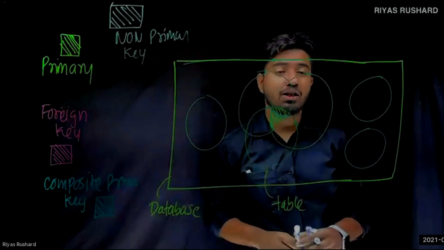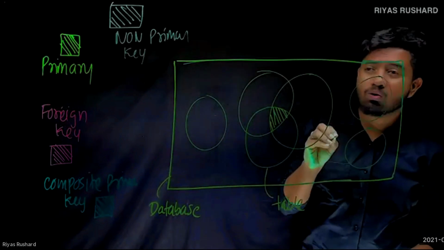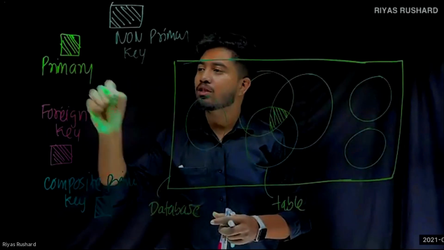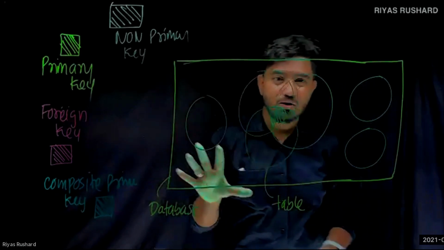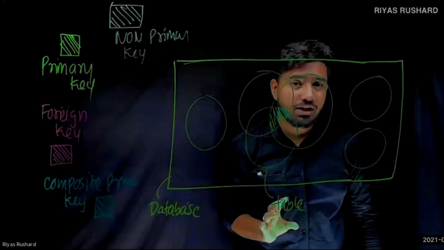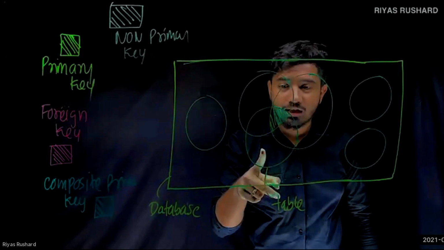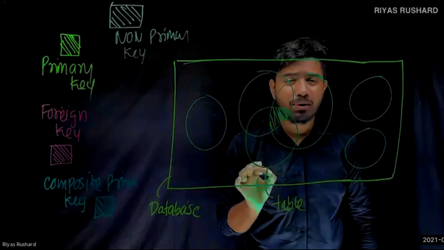In these three tables, there is a unique column. The unique column that can identify a record is known as what? Primary key.